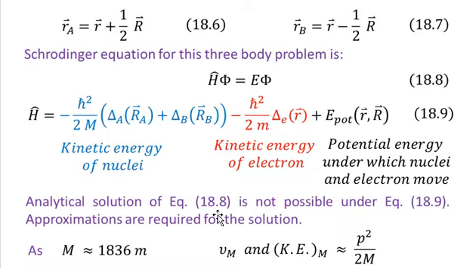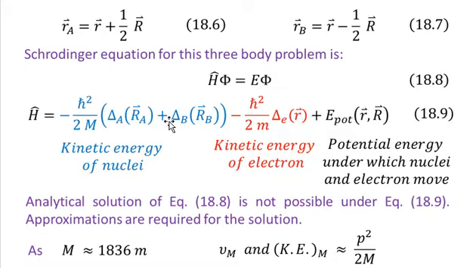The Schrodinger equation, equation 18.8, cannot be solved analytically under the Hamiltonian operator given in equation 18.9. We cannot solve this equation analytically. So approximations are required so that we can have a simplified H operator.